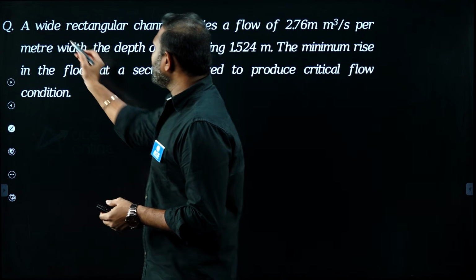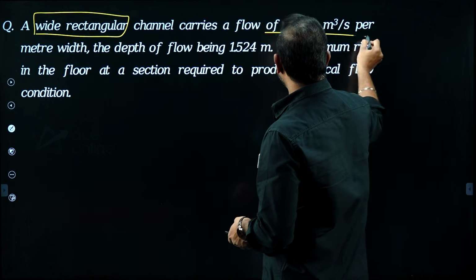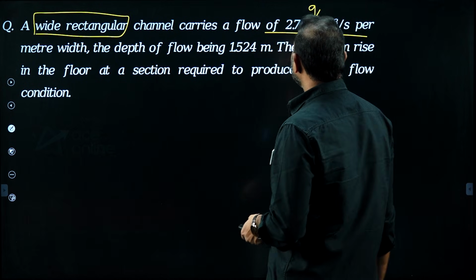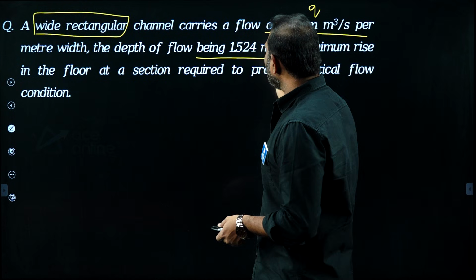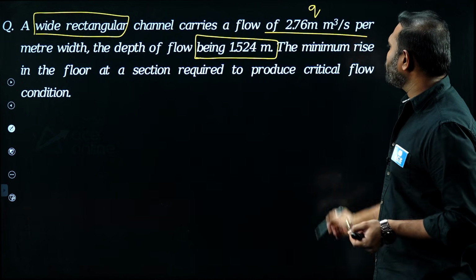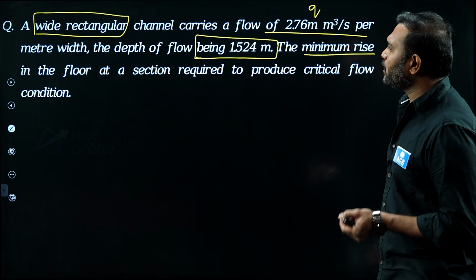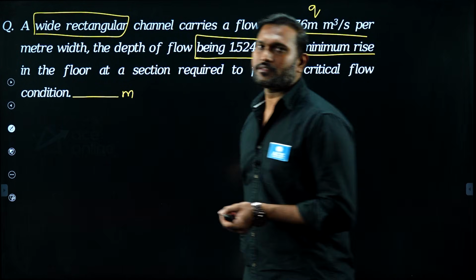So a wide rectangular channel. Now they have given the wide rectangular channel is carrying a flow of 2.76 meter cube per second per meter width. The depth of the flow being 1.524. So initially the depth is 1.524. The minimum rise in the floor at a section required to produce the critical flow condition is.